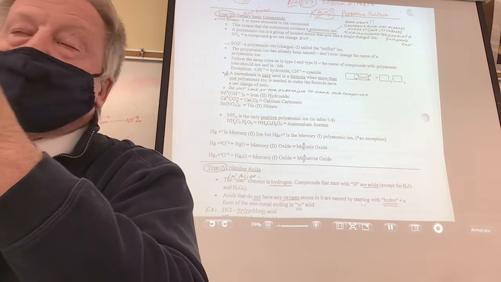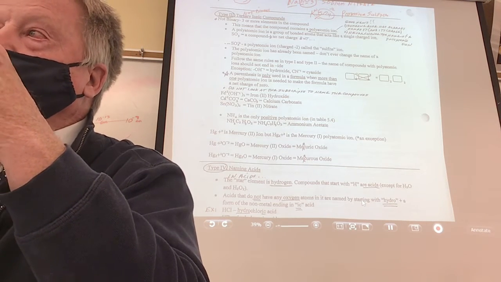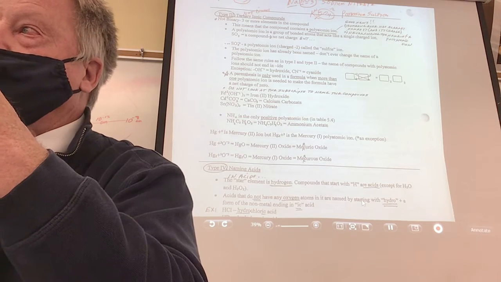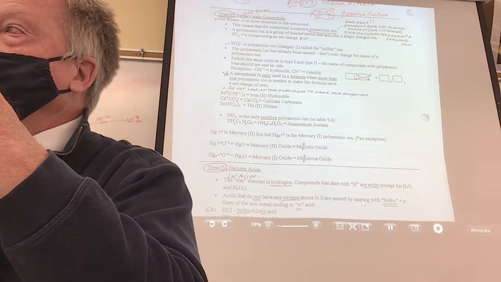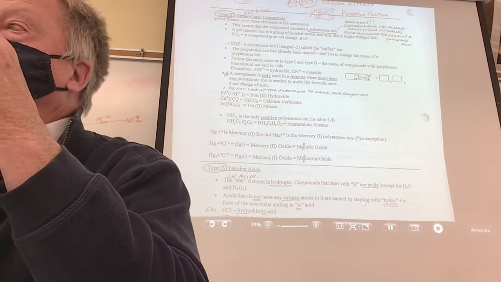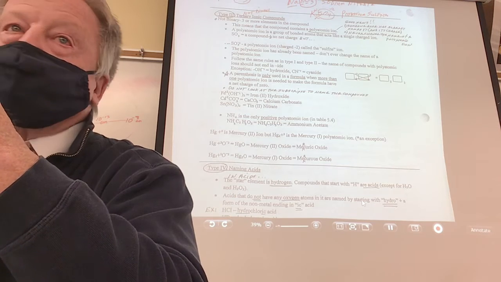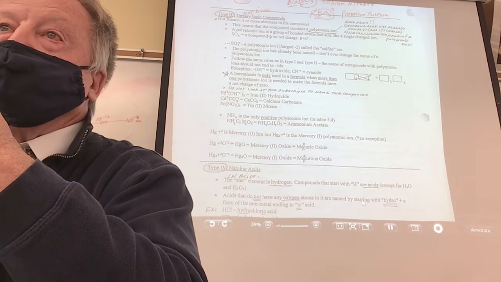Compound. What do you call a bunch of atoms that are bonded together whose net charge is not 0?